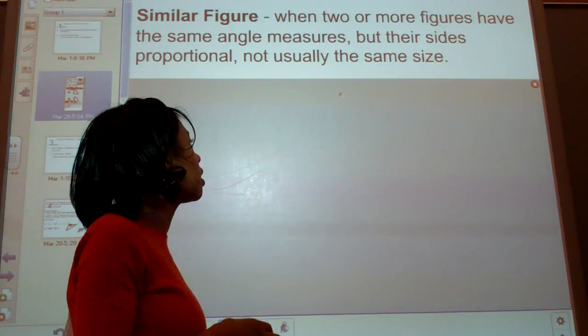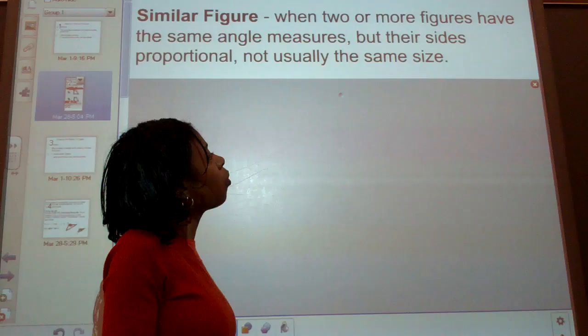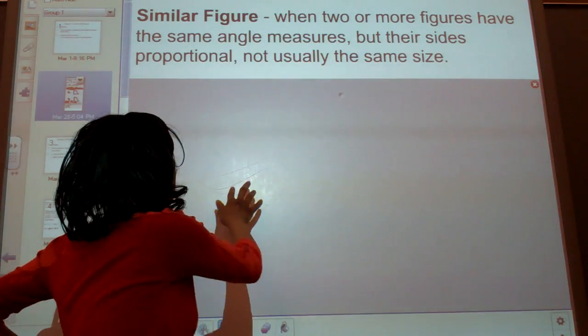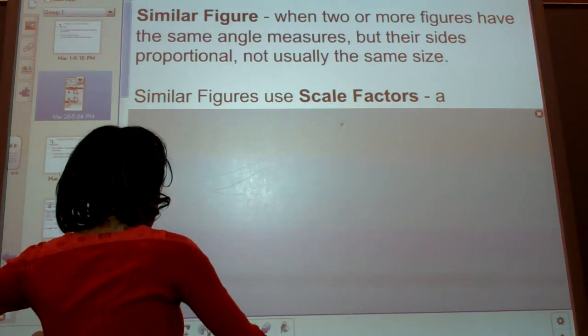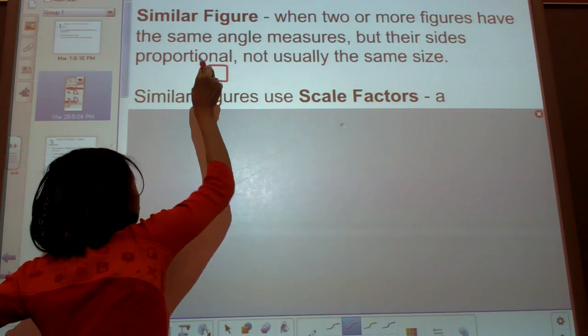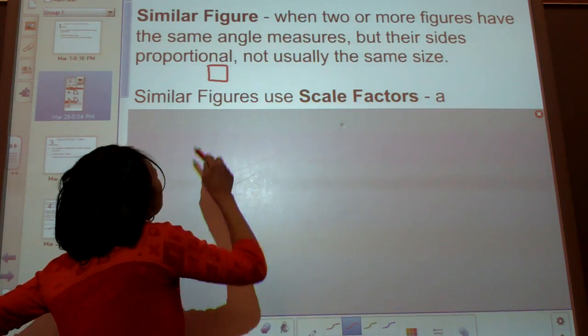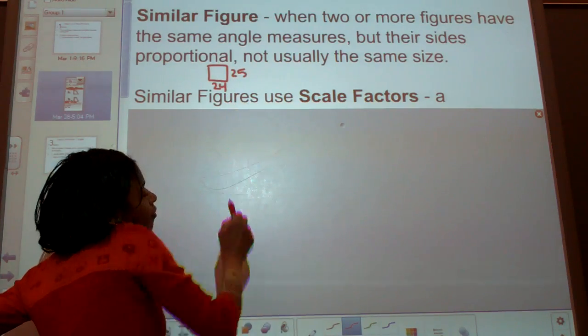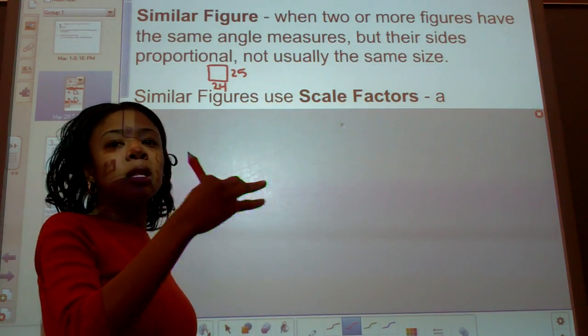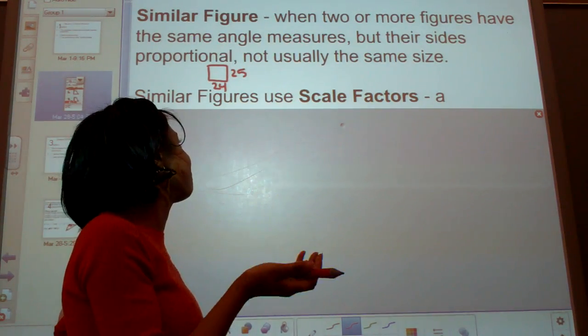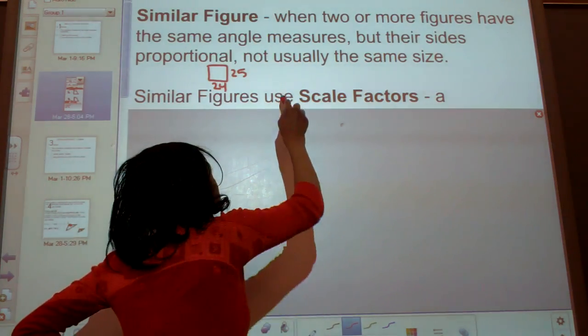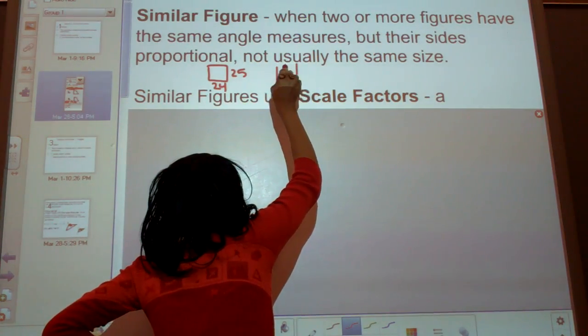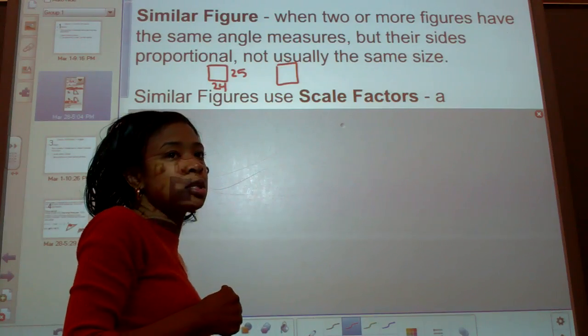For example, if my classroom were one size, let's say the classroom is here, and it's a rectangular shape, say a 24 by 25. But let's say we have a gym, same particular shape, and it's two times as large.